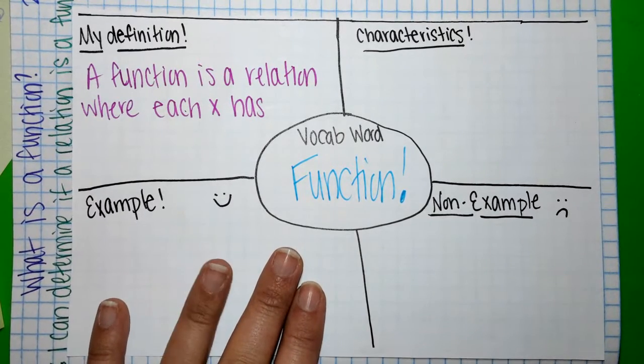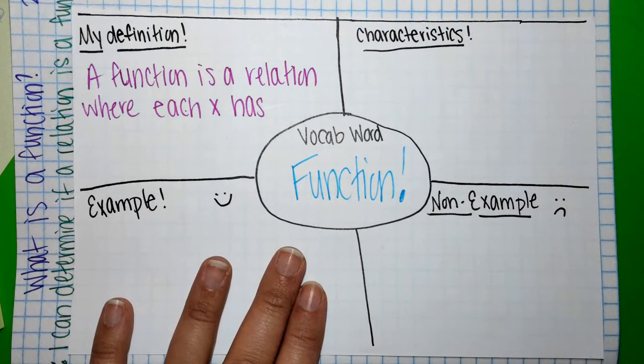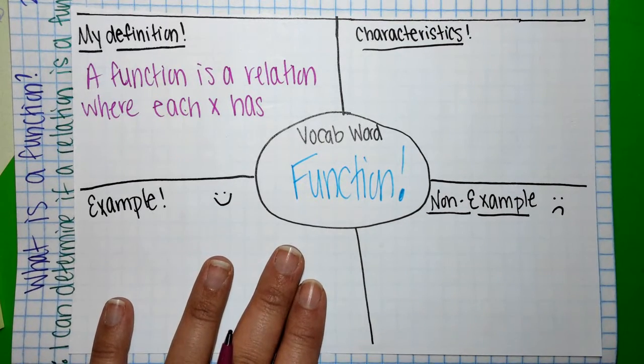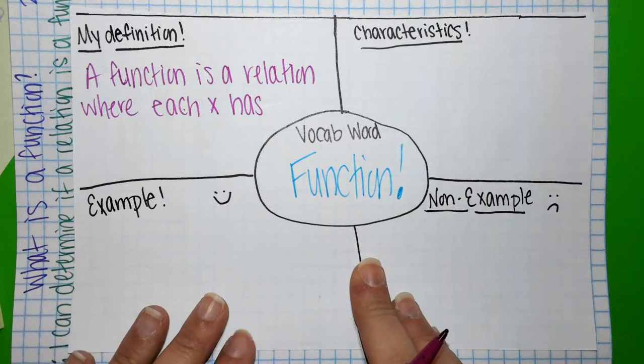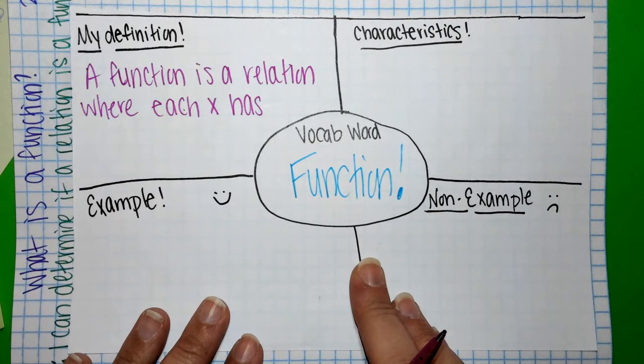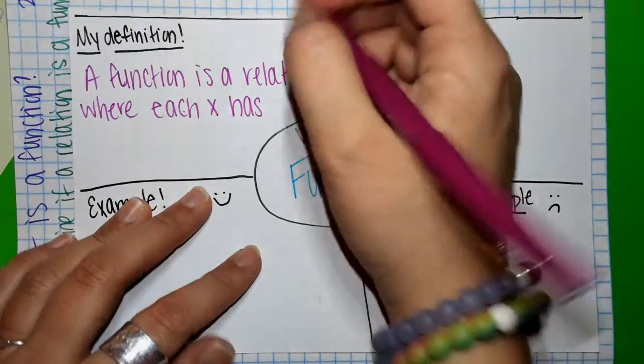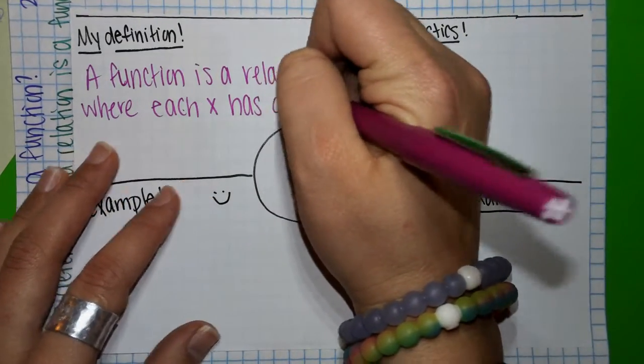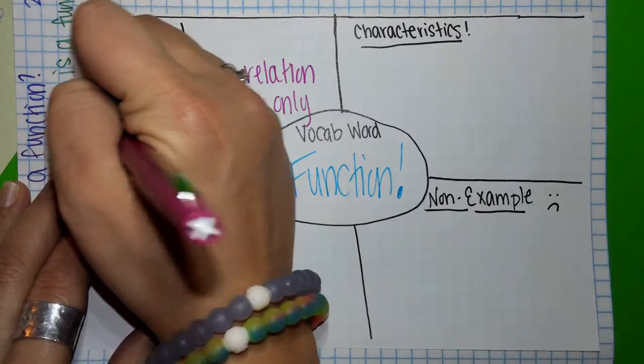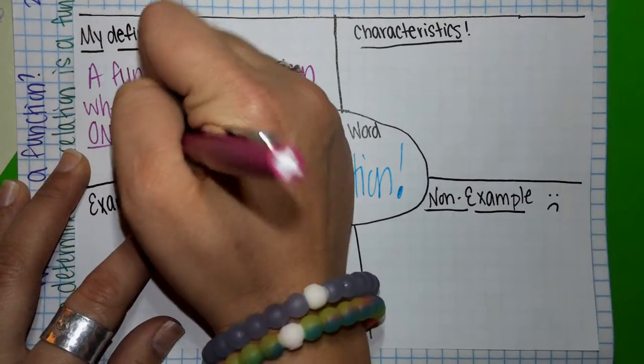Two numbers. What kind of numbers? Positive and negative. X and Y. If we're graphing, X and Y. So each x has what? A Y. How many? 2. One. What is wrong? One. Each x has only one y.